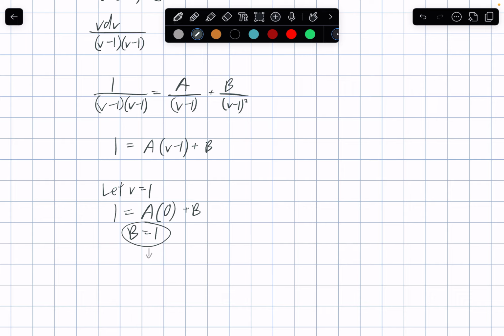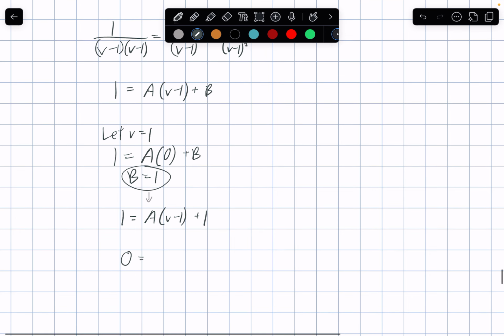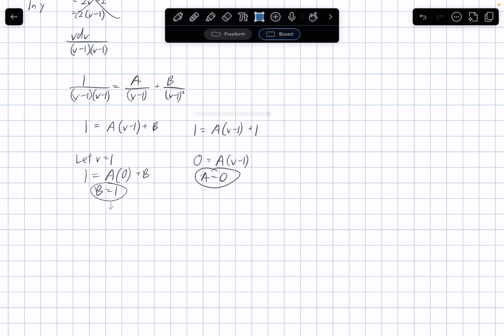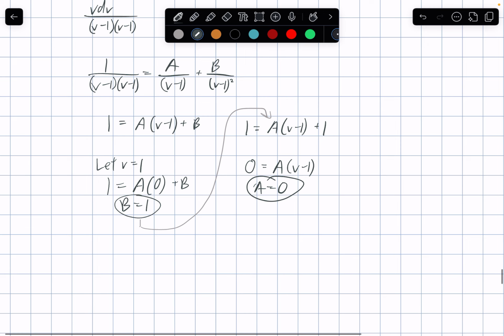I guess it boils down to doing this. 1 is equal to 0 plus B. Oh, no, no, no. A times quantity V minus 1 plus 1. So 0 is equal to A times quantity V minus 1. So yes, I think it's safe to say that A is 0. Now that we've identified A and B, let's now substitute.